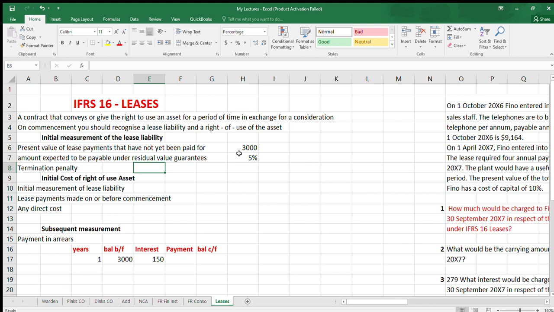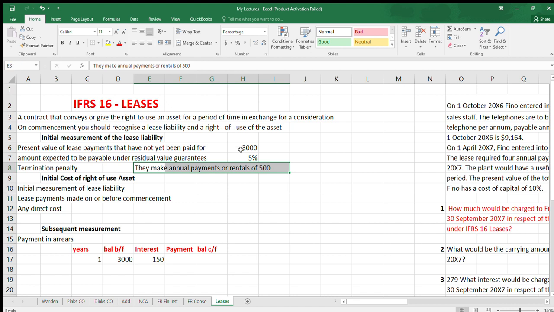In most questions, they will tell you that they make annual payment or rentals of, let's say, 500, meaning that every year they pay 500 for the lease.